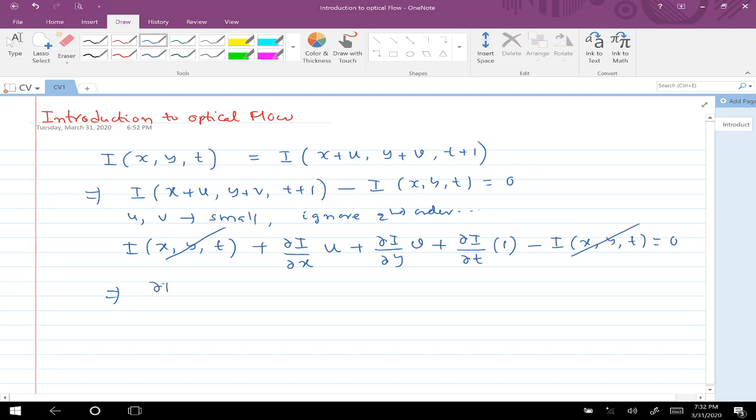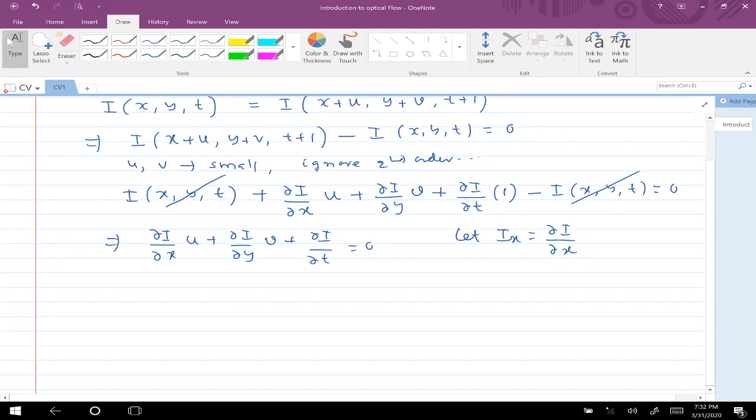∂I/∂x into u plus ∂I/∂y into v plus ∂I/∂t equals 0. Let's again use, for compactness, I subscript x for ∂I/∂x. Same with y and t as well.